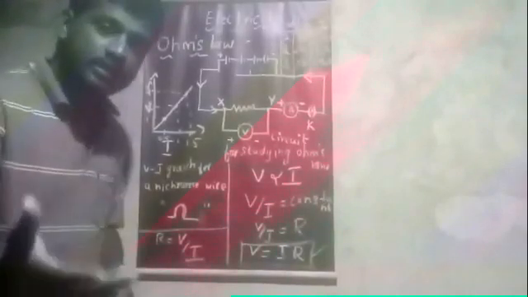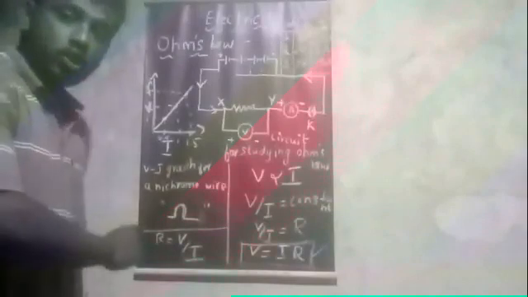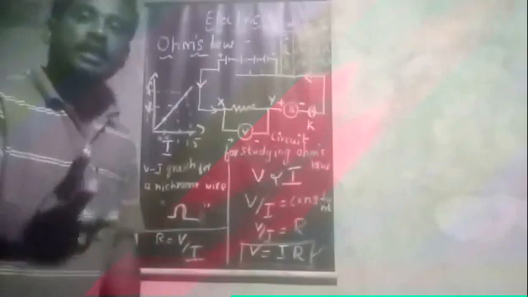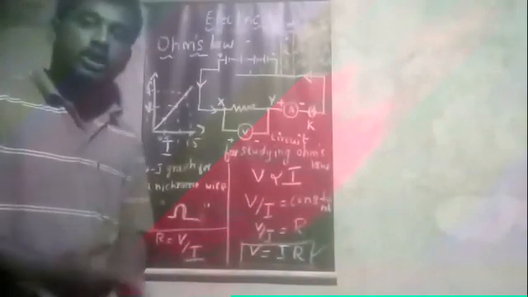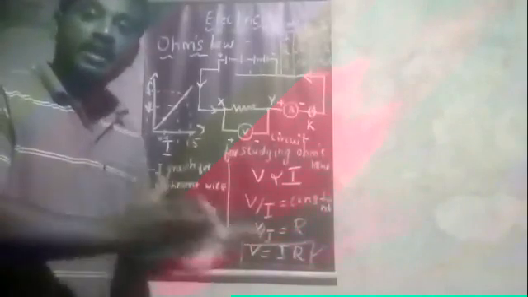If you increase the resistance, current will decrease. If you decrease the resistance, current will increase. Based on that only we can divide the materials into three categories, that is good conductors, semiconductors and insulators. Good conductors have very less resistance, meaning they will pass very high current through them.